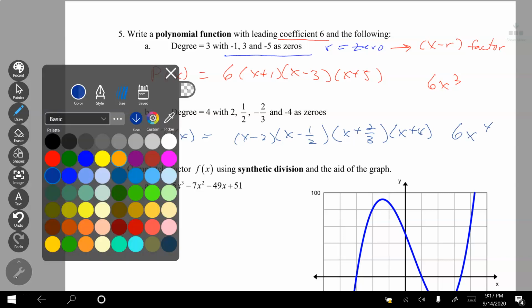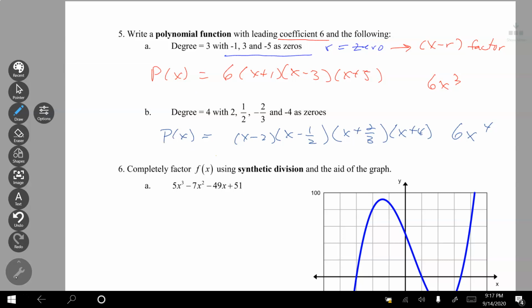I'm going to rewrite it because I really don't like these fractions. So this is really 2x minus 1, and this guy is really 3x plus 2. And I still have the x minus 2 and the x plus 4. And now if I multiply it out, I do get 6x to the 4th.